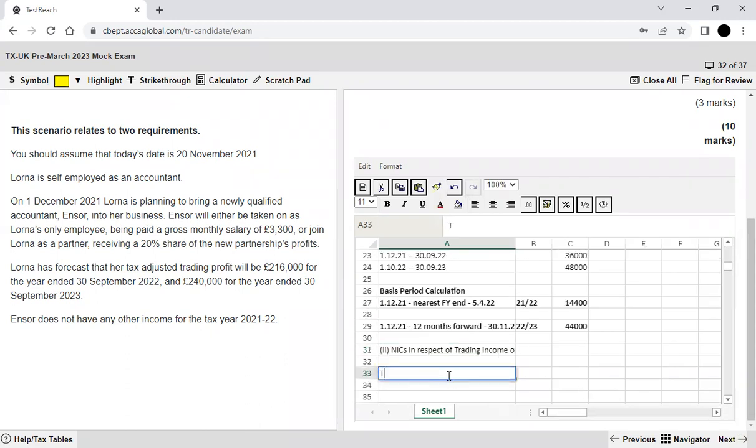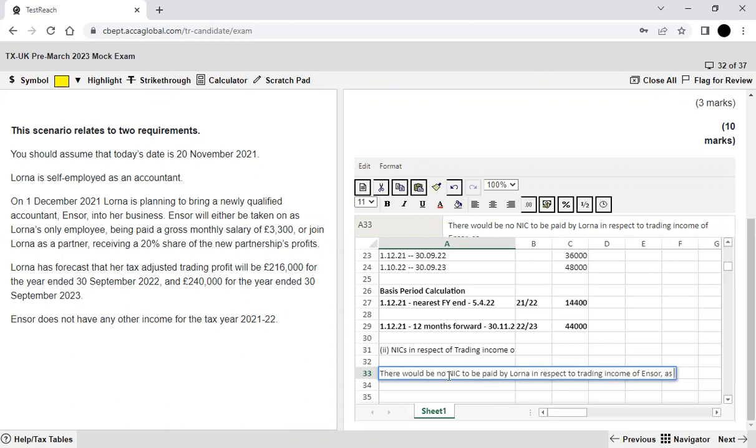So first of all, there would be no NIC to be paid by Lorna in respect of the trading income of Ensor.